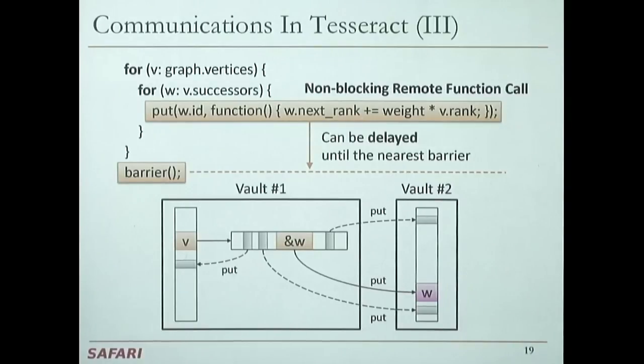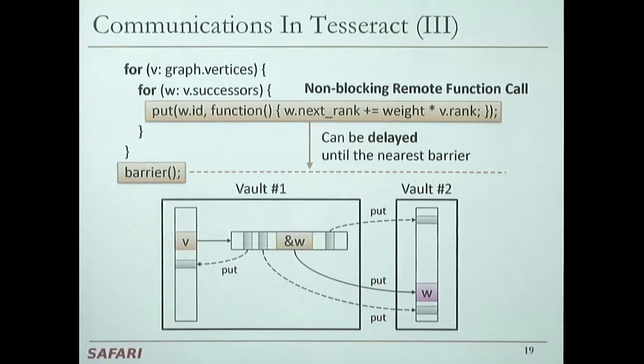Take the next rank of W, add to it a weight multiplied by the rank that I supply. That's the argument to the function. So you need to supply the arguments. The argument needs to be sent over there, and then this vault over here executes the function. You'll read the paper, so you can take a look at it more.